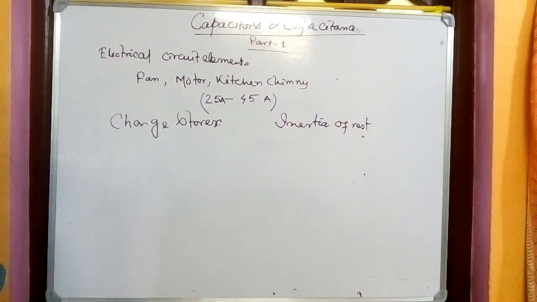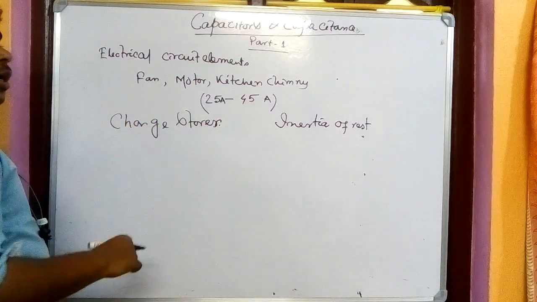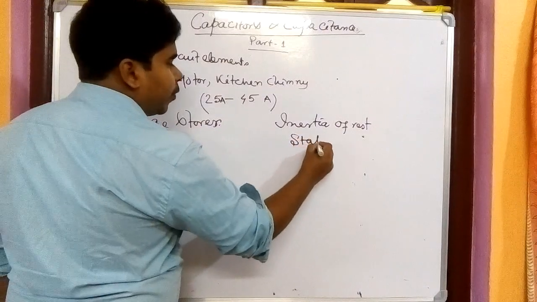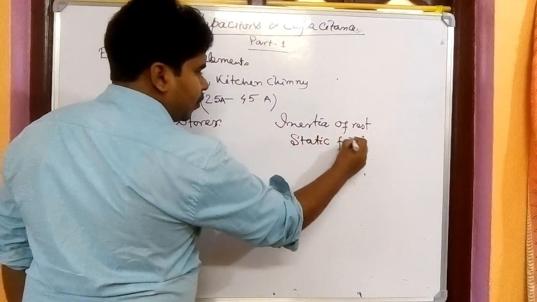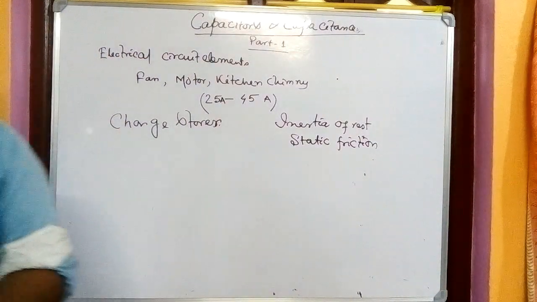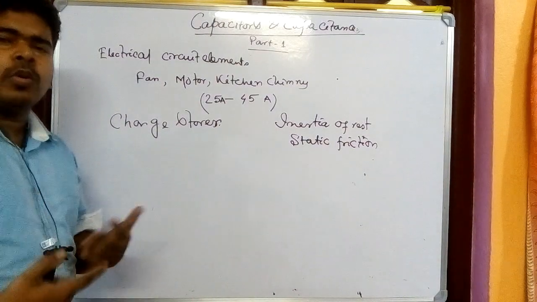So when we apply energy to move it, we have to overcome this inertia of rest, which means we have to apply more. Also, when it is static, to overcome static friction we need to apply a large amount of energy. After that, once it gets started, it will go on.